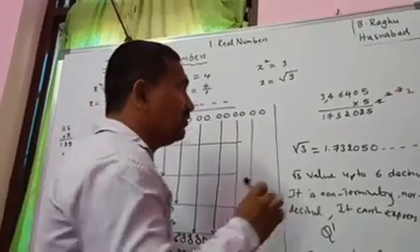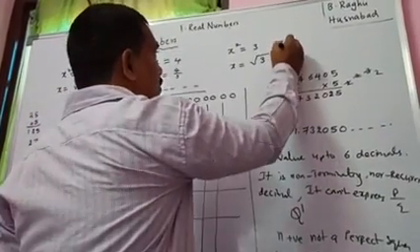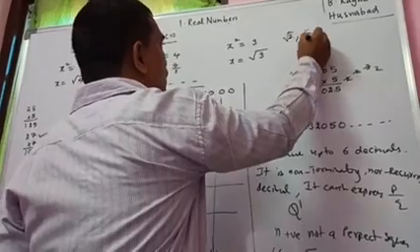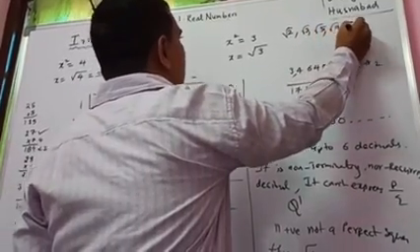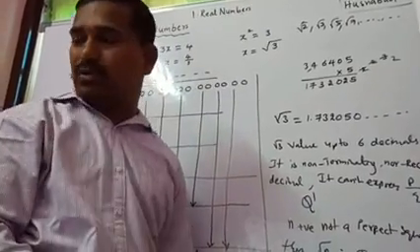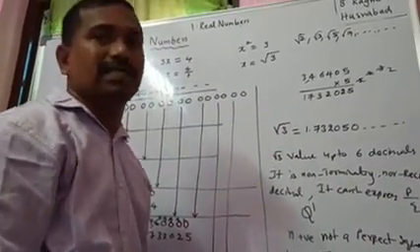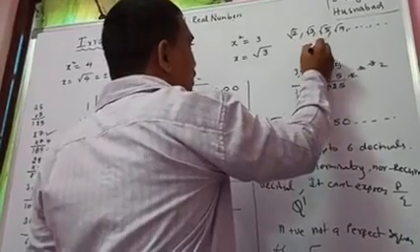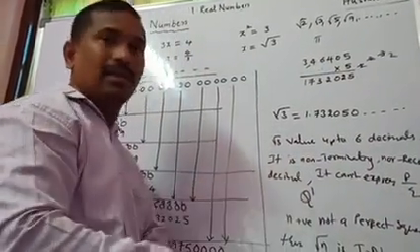Some examples of irrational numbers are root 2, root 3, root 5, root 7. Another scientist proved that these are also irrational numbers. Also we can say pi is an irrational number.